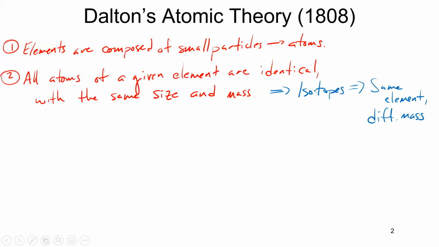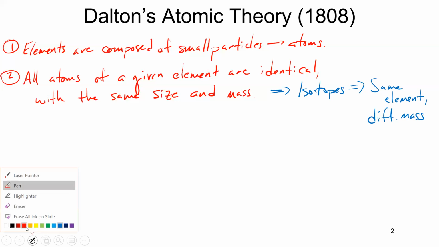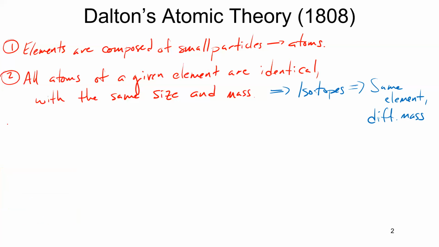We'll get to more discussion about isotopes in just a minute. The third thing that Dalton said, he took it a little bit past atoms and he talked about compounds.